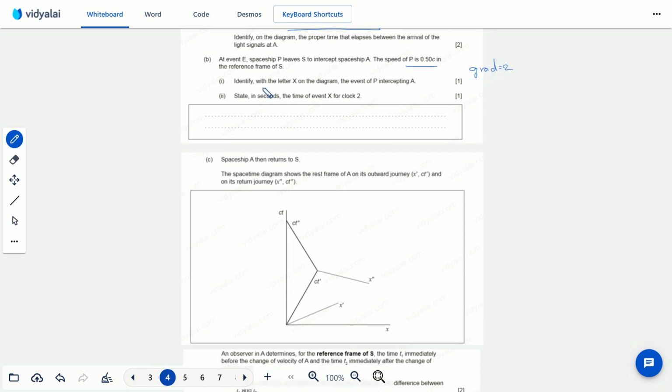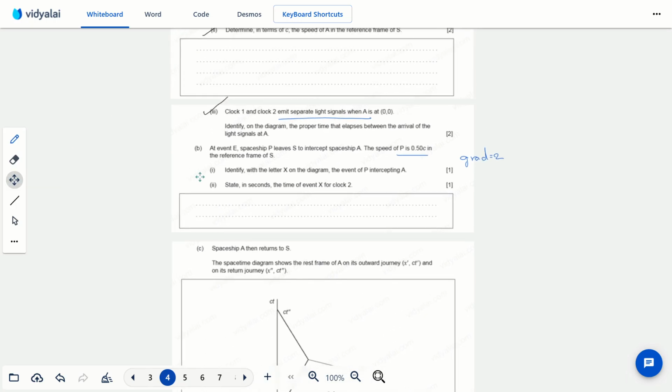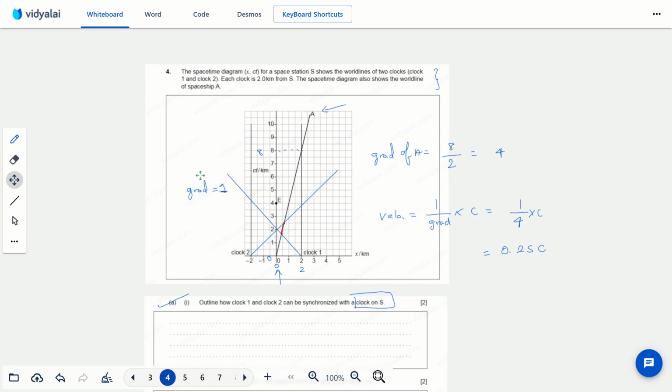Then we need to identify the point at which P is intersecting A on the world line of A. So let's do that on the space-time diagram. We need to draw a line that comes out from this point E and intercepts A. But we need to make sure that its gradient is 2.